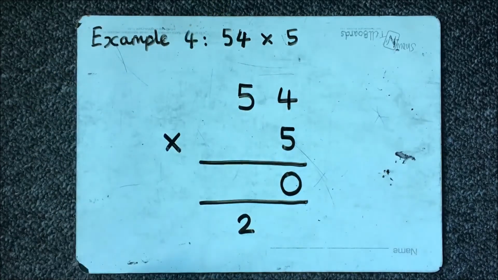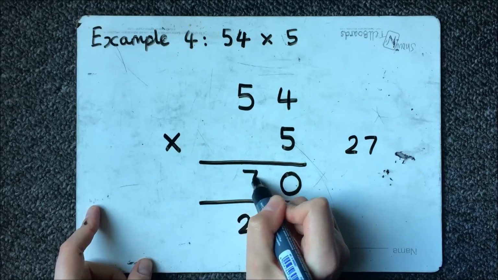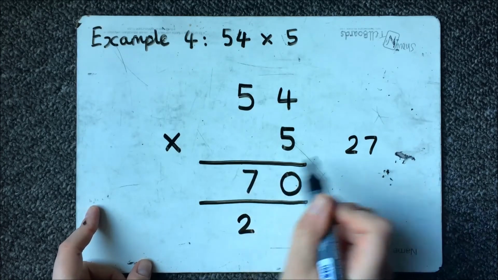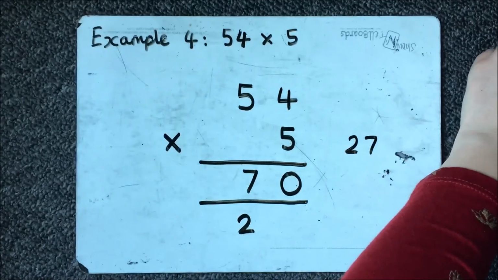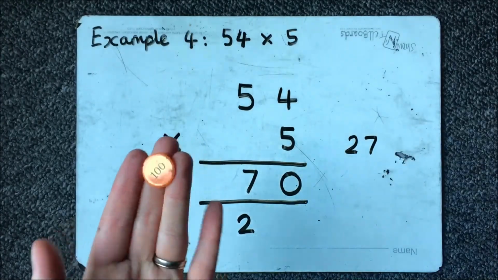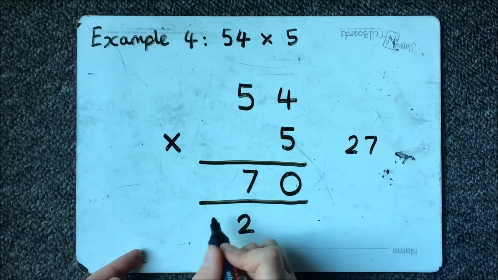25, 26, 27 tens. So the 7 goes in here because that would mean 70. But the 20 tens would turn into 10 tens make 100. So 20 tens would make 200. So that goes over here.